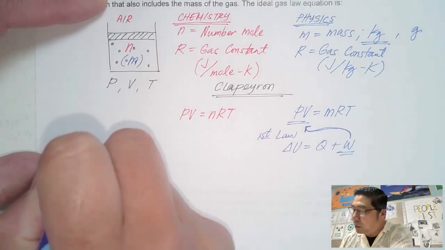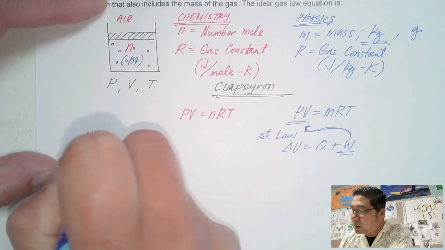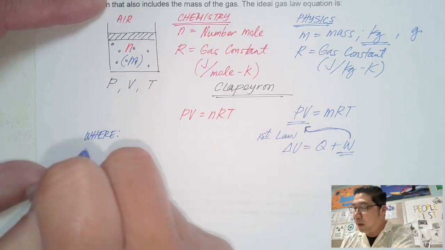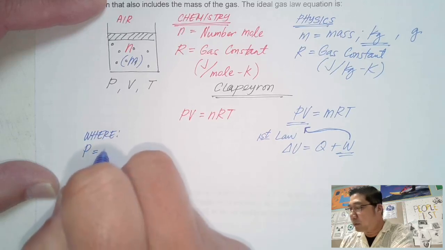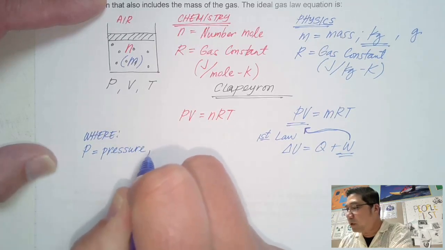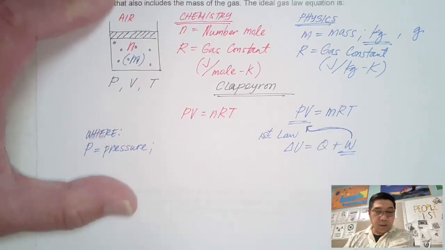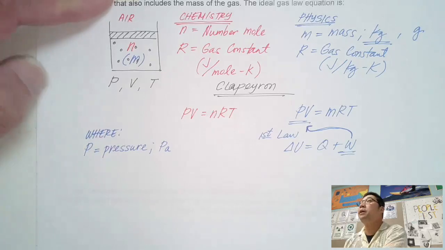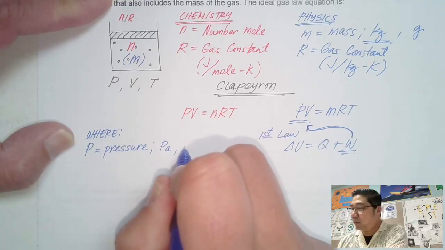Okay, so what are some of the information that we have here? What is your PV? What is P? P stands for pressure. So what are the units of pressure that you might encounter here? You might encounter Pa, which is Pascal.